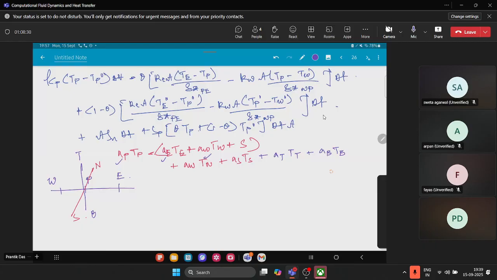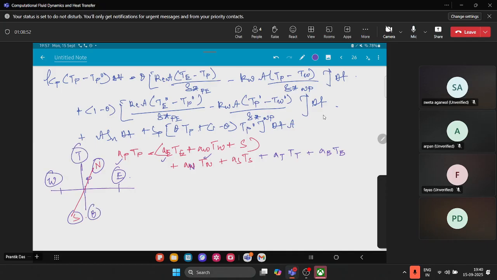If I change the dimensionality of the problem itself, then instead of just AE TE and AW TW, AN TN and AS TS, and also AT TT and AB TB will come into play. N is north, S is south, E is east, W is west, T is top, and B is bottom.